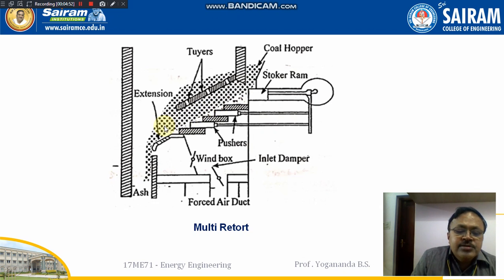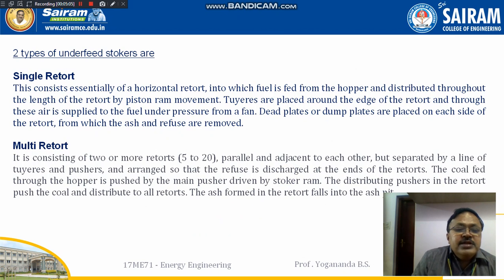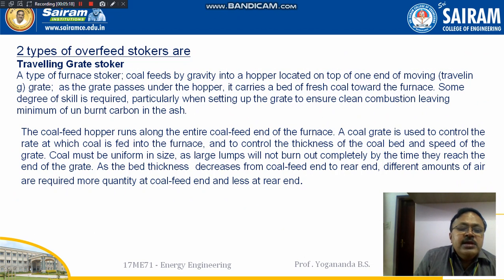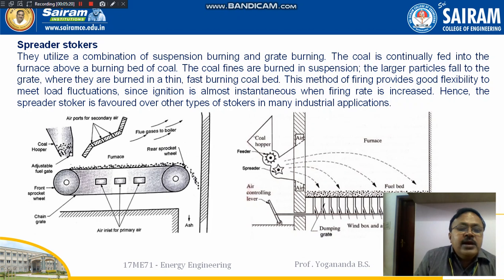In the furnace, the completely burnt coal will be converted to the ash, that is the powder form, and collected in the ash pit. So these are the two types of underfeed stokers, single retort and multi-retort underfeed stokers. Whereas in the case of overfeed stokers, we have two types, traveling grate and the spreader stokers.